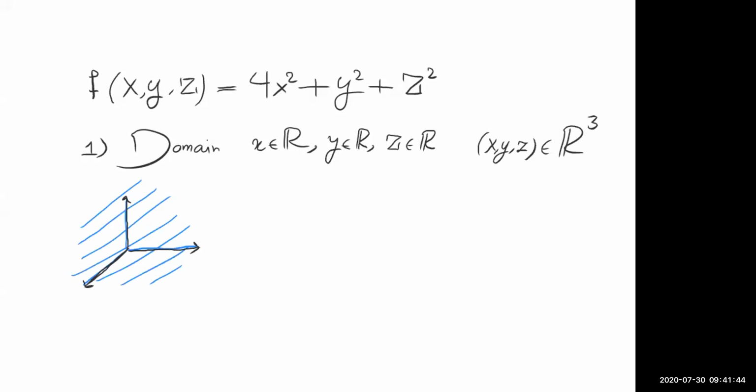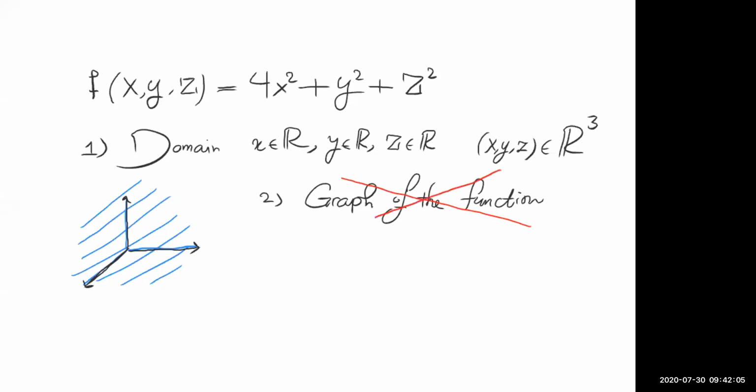Now, we can't see the graph of the function anymore. That is correct. There is no way to see that. And that's very sad. You see how many beautiful surfaces we had?